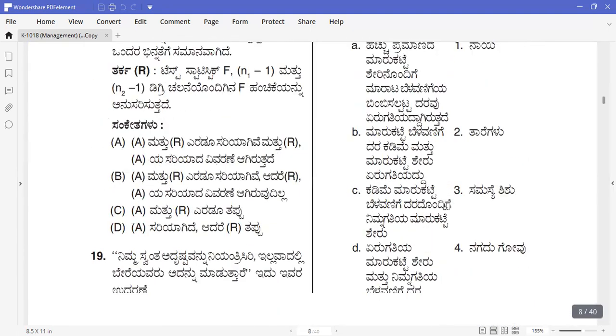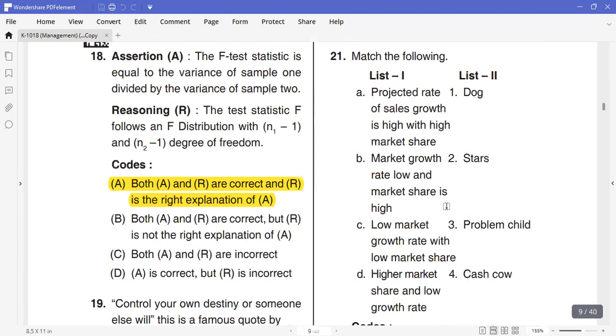Now let us go to the next question, question number 18. This is once again related to assertion and reasoning. Assertion: F test statistic is equal to the variance of sample 1 divided by the variance of sample 2. The reasoning is the test statistic F distribution will have n1 minus 1 and n2 minus 1 degrees of freedom.